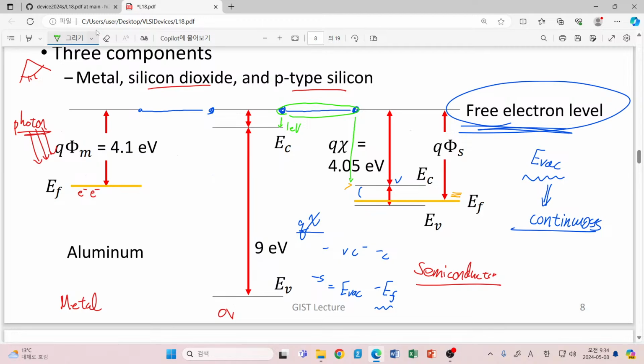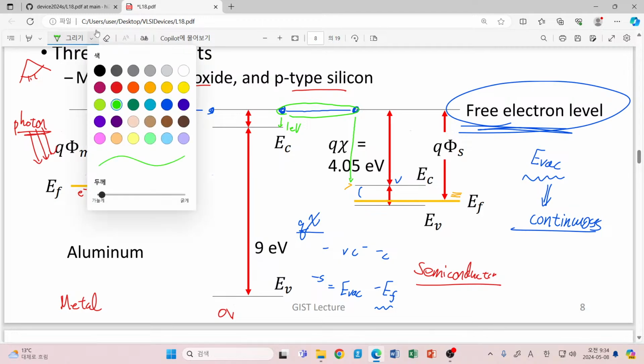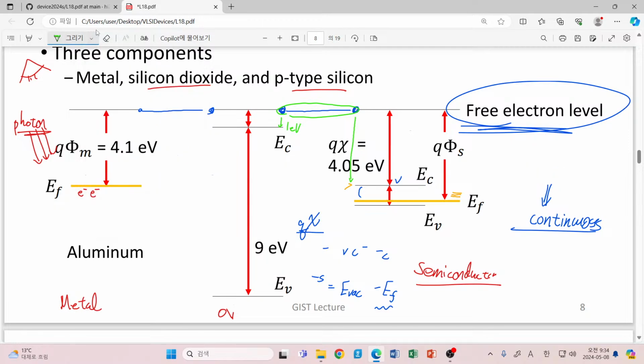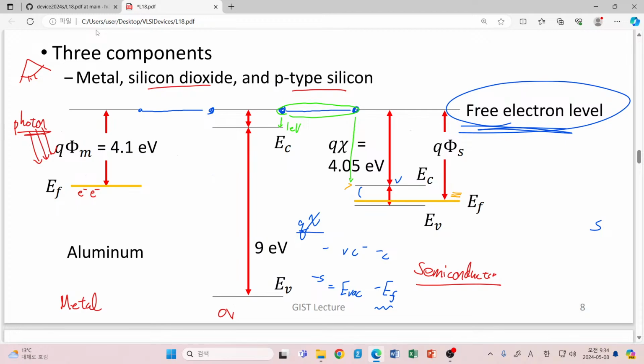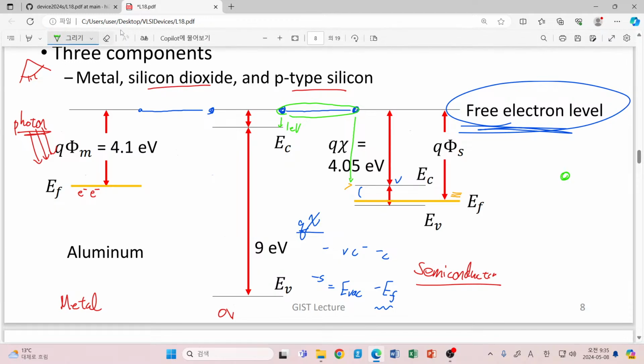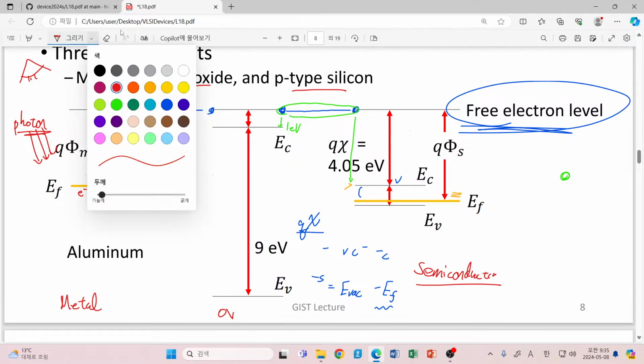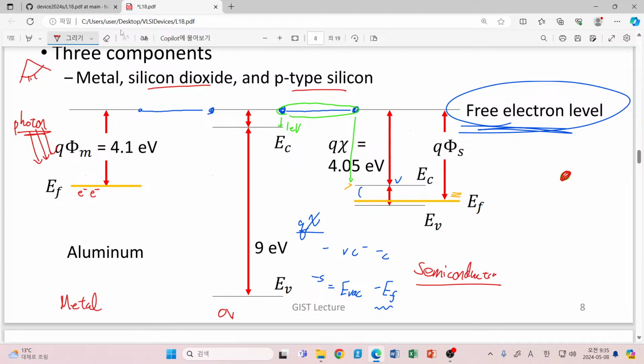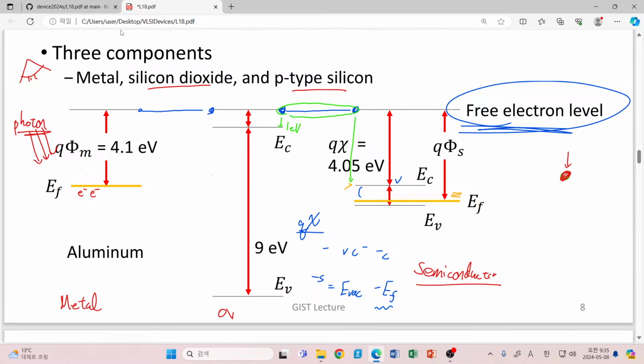So although we cannot yet draw the whole complicated band diagram, what we can say certainly is that here we have the interface point between silicon dioxide and silicon.